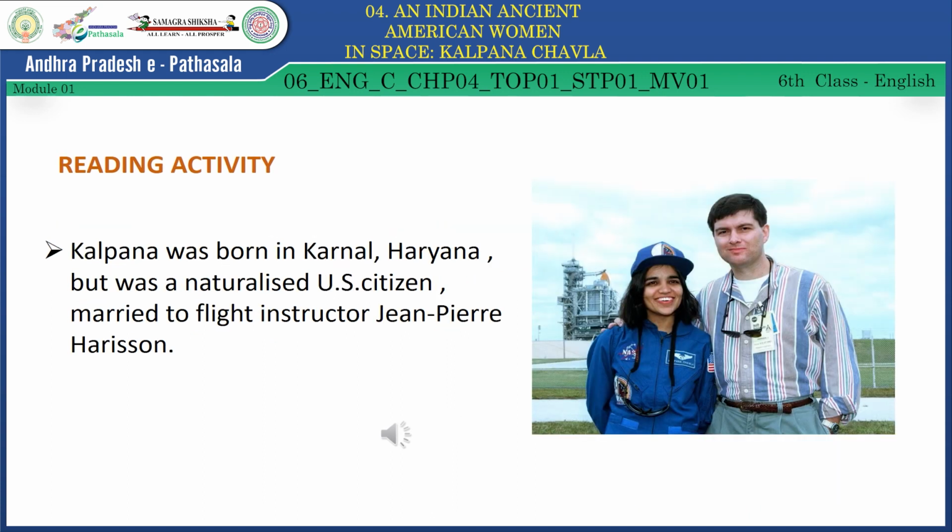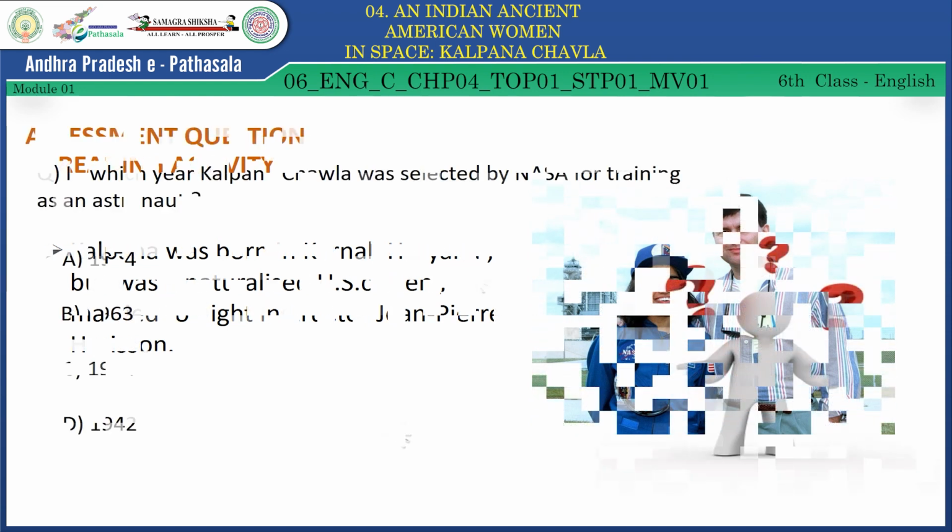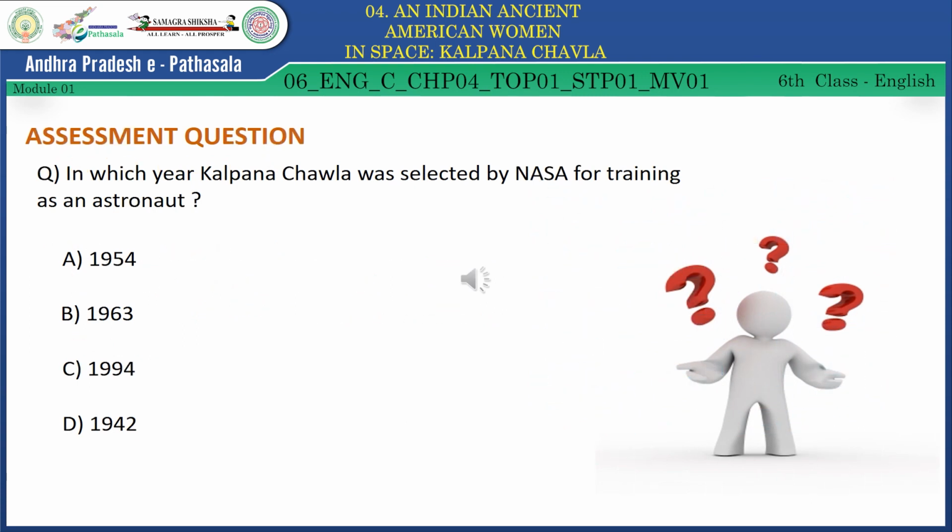Kalpana Chawla was born in Karnal, Haryana, but was a naturalized US citizen, married to flight instructor Jean Pierre Harrison. Question. In which year was Kalpana Chawla selected by NASA for training as an astronaut? Option A, 1954.